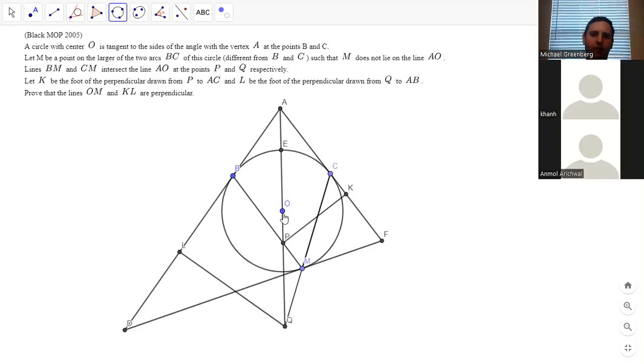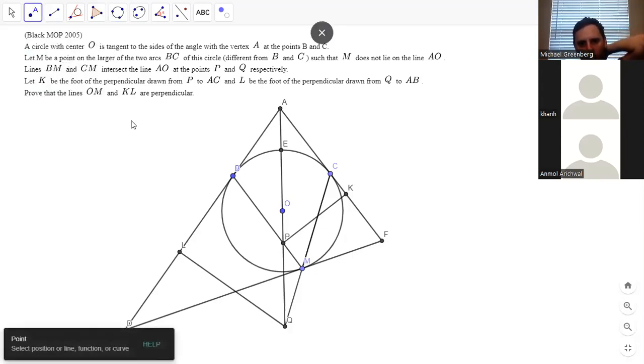Yeah, maybe we could calculate AK over KF and AL over LD. Or AK over AF. Maybe we could project. I think we can do it the same way as the previous problem.